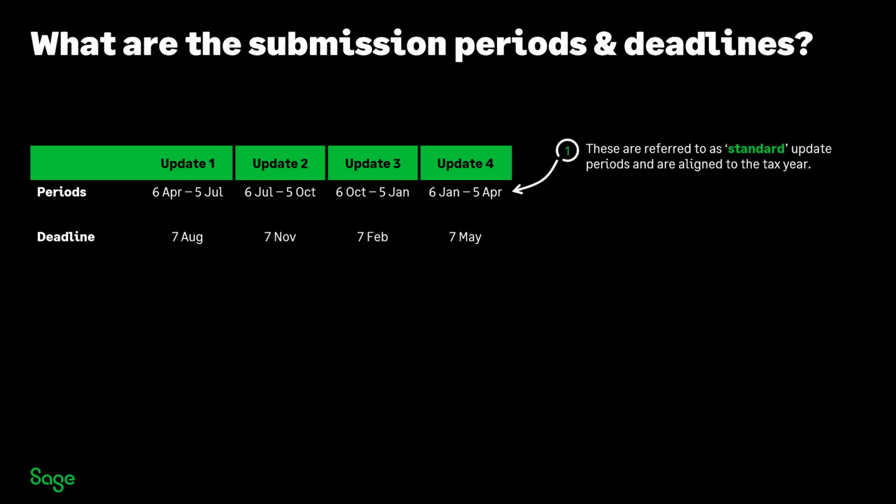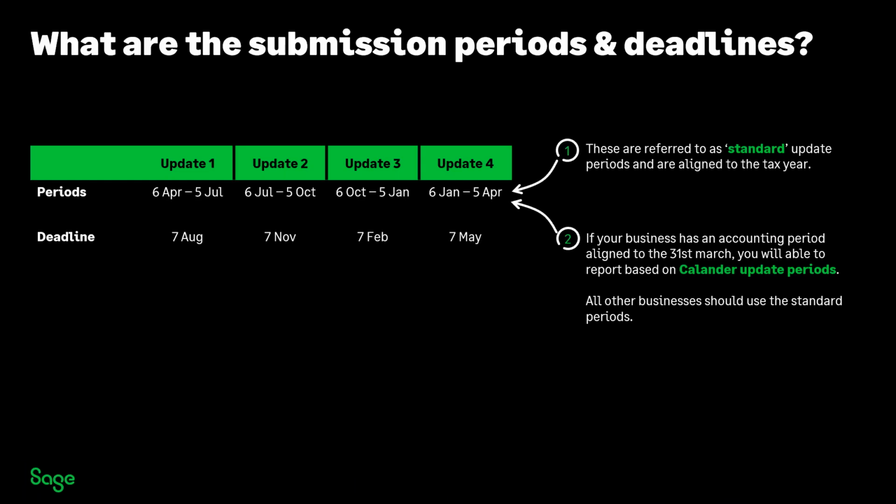This is known as standard update periods. If your business has an accounting period aligned to the 31st of March, you will be able to report based on calendar update periods. All other businesses should use the standard periods.